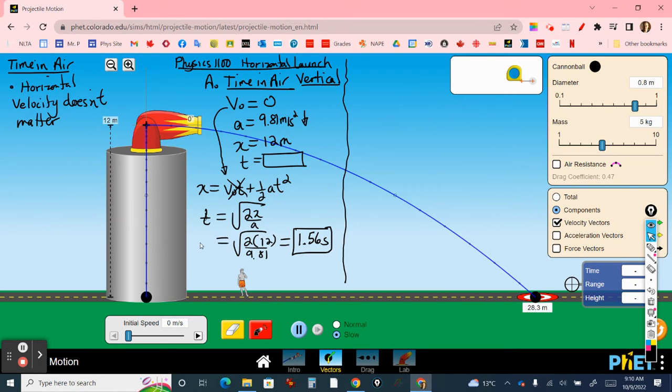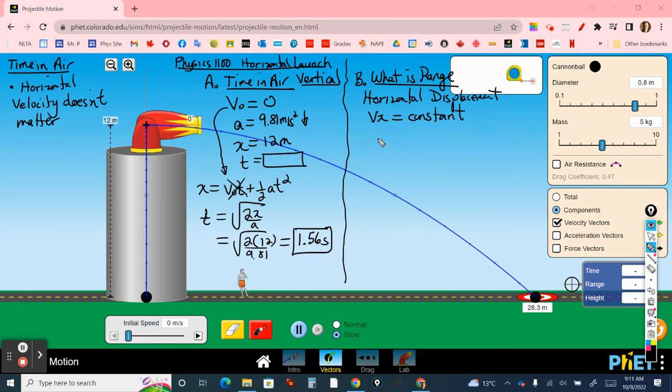Now, the other thing that we generally look for is the horizontal distance that the projectile moved. So we want to find out what the range is. And the range is the horizontal displacement. Because our vx is constant, we don't have to use the kinematics equations.